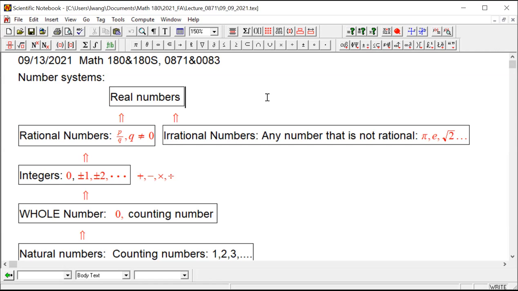If you think that 2.1 and 2.2 are close enough, between 2.1 and 2.3, there are infinite numbers between them. Can you imagine that? Okay, so this is our number system.